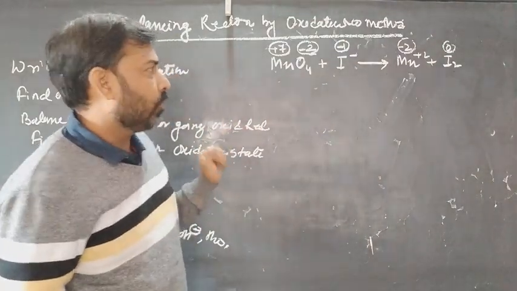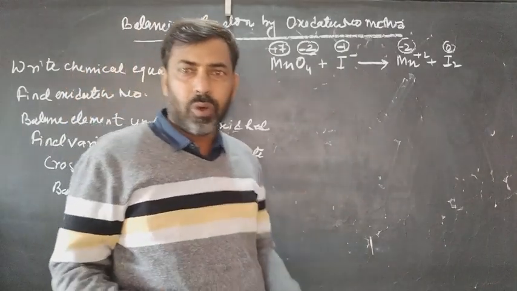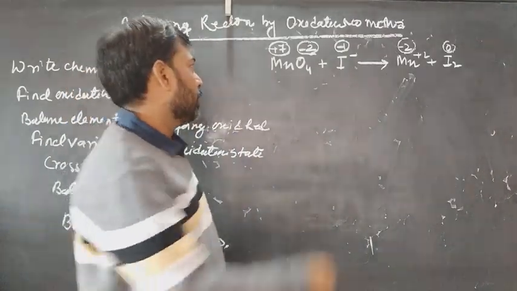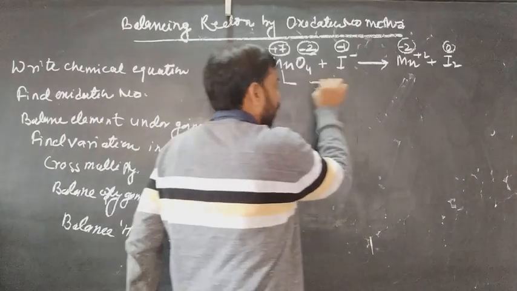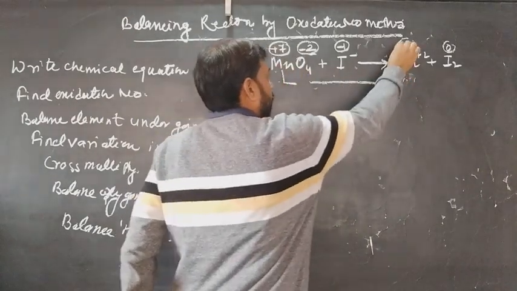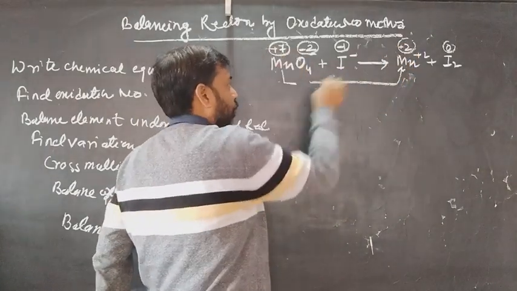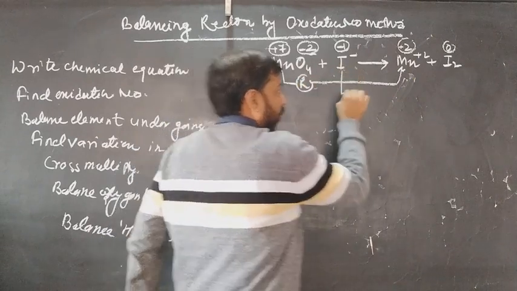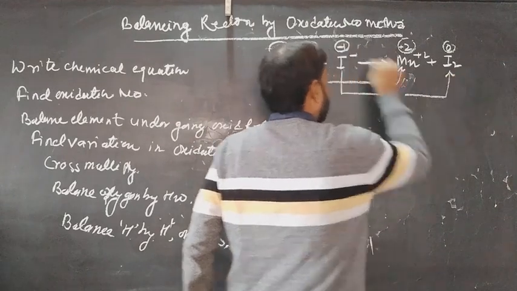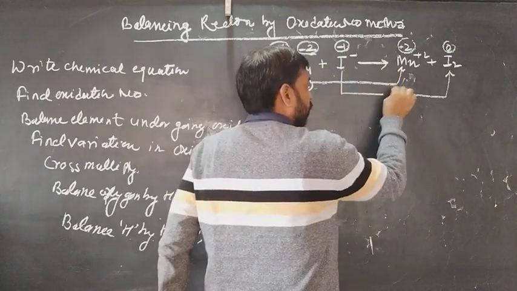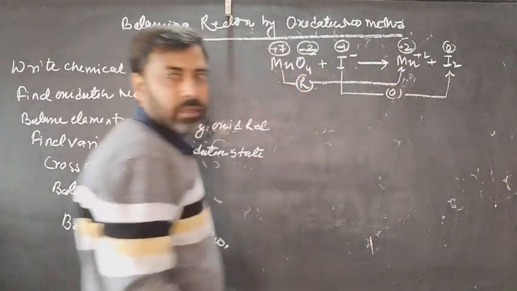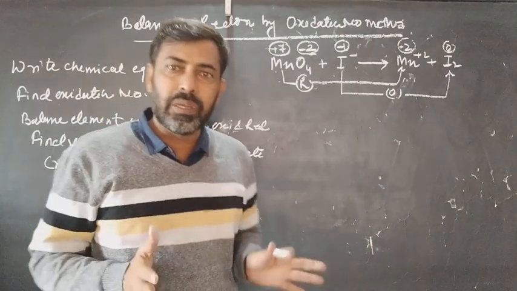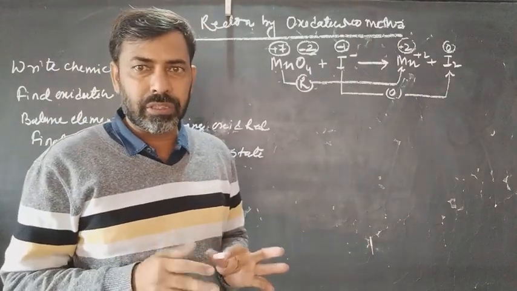Now find the variation in oxidation state for the oxidation and reduction half. You can see that Mn is undergoing reduction, that means the oxidation state is changing from plus 7 to plus 2, and iodine is undergoing oxidation. The oxidation number is changing from minus 1 to 0. The next step, balance the elements undergoing oxidation and reduction.